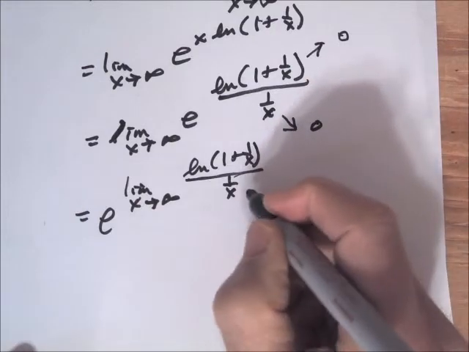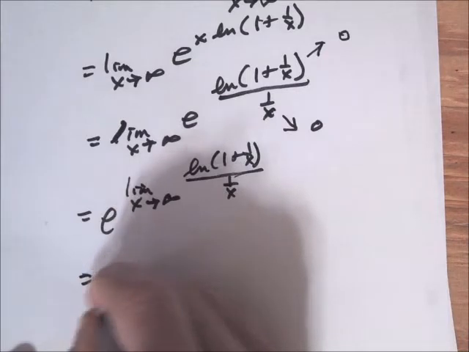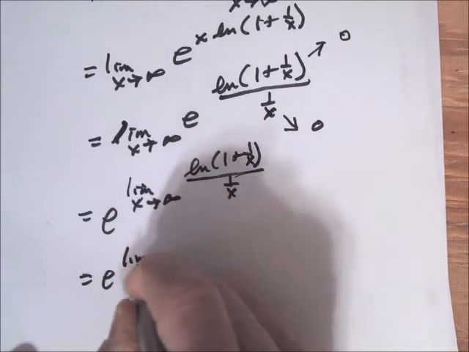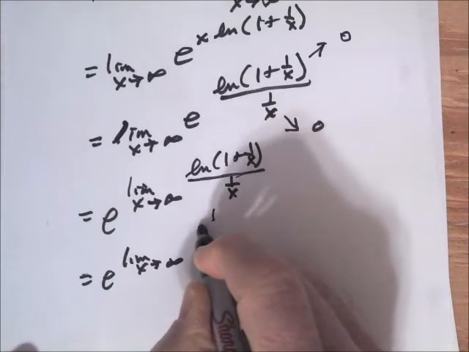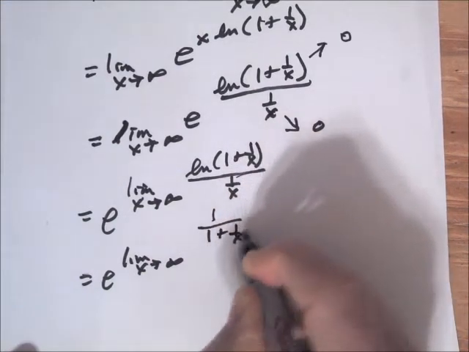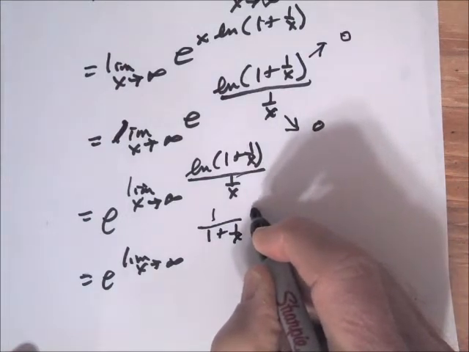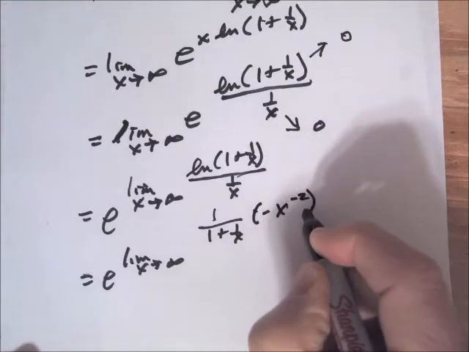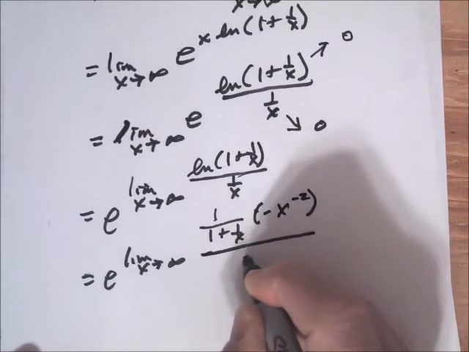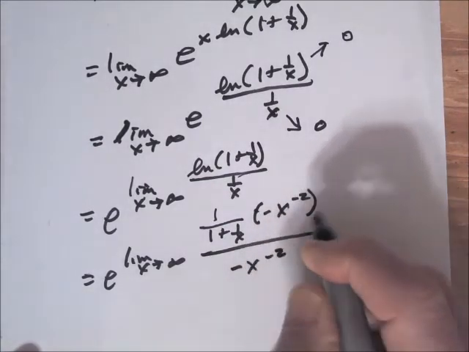The derivative of the top is 1 over 1 plus 1 over x times the derivative inside, which is minus x to the minus 2 power, and the derivative of the denominator is also minus x to the minus 2 power.